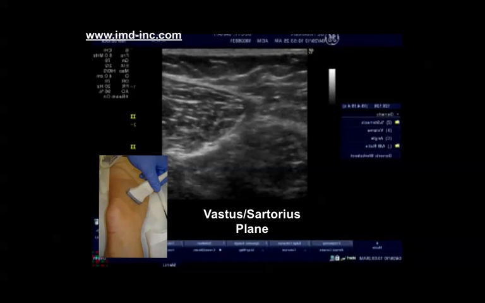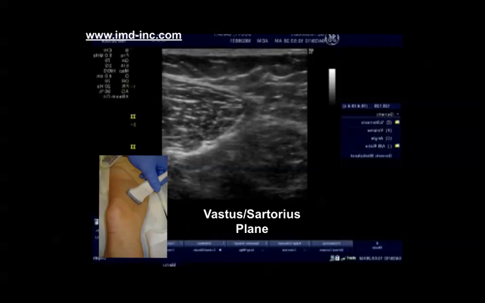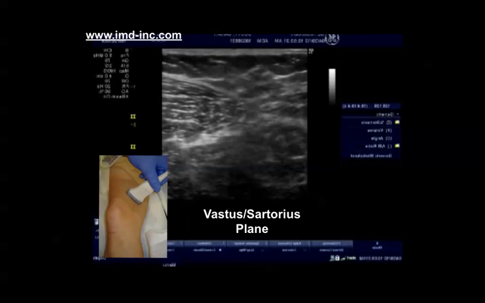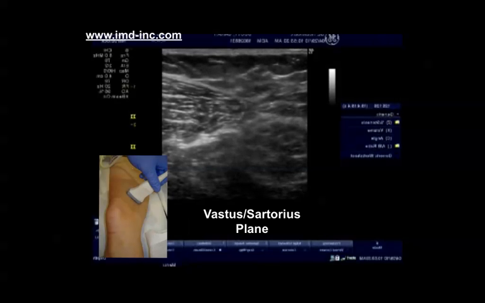So here is an actual image showing the sartorius, the vastus medialis, and our needle insertion, which will pass through the vastus medialis and across the tissue plane containing the saphenous nerve and some other branches.